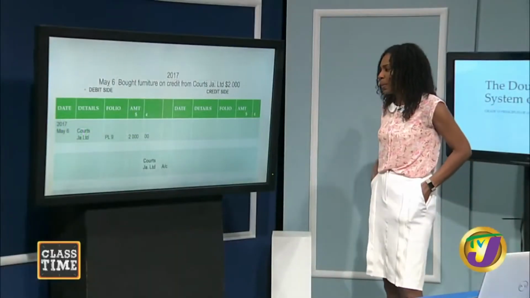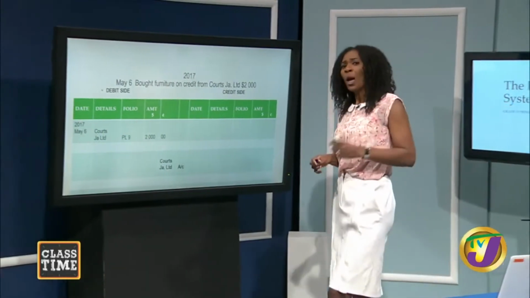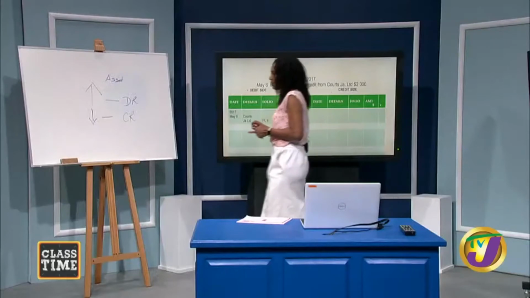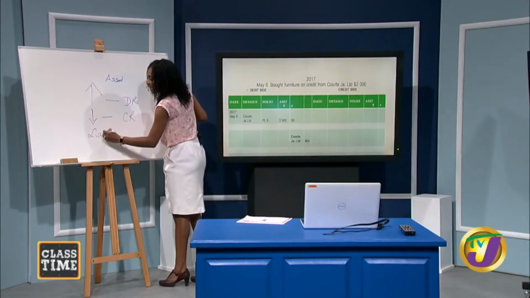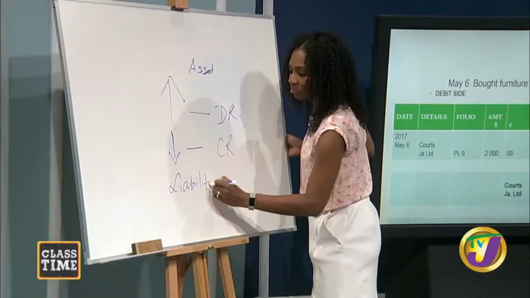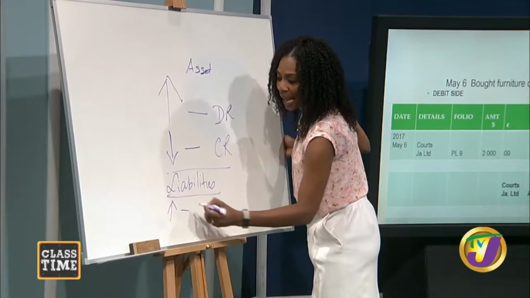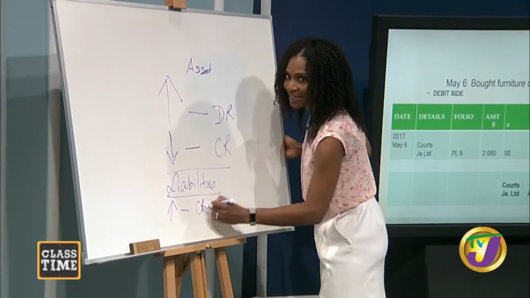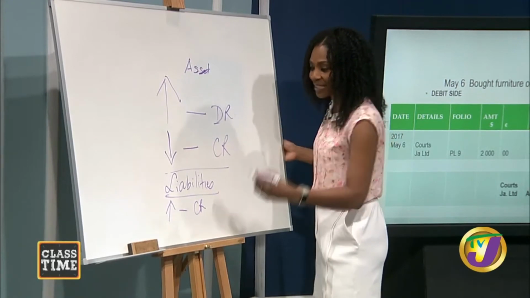Liabilities. Good. What does the rule say for liabilities? The double entry rule for liabilities simply states that whenever there is an increase in liabilities, we're going to credit. That's opposite to assets.